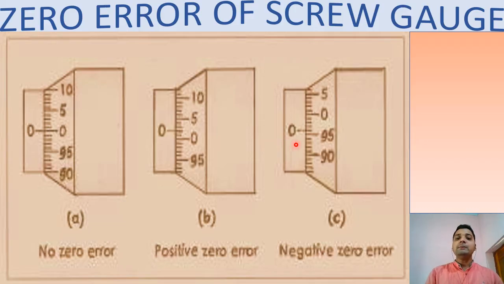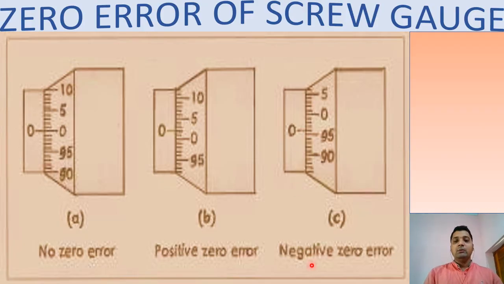When you come to negative zero error, the zero of the circular head is above the baseline. If zero is above, some number like 95, 96, 97 or 87 is coinciding with the baseline.